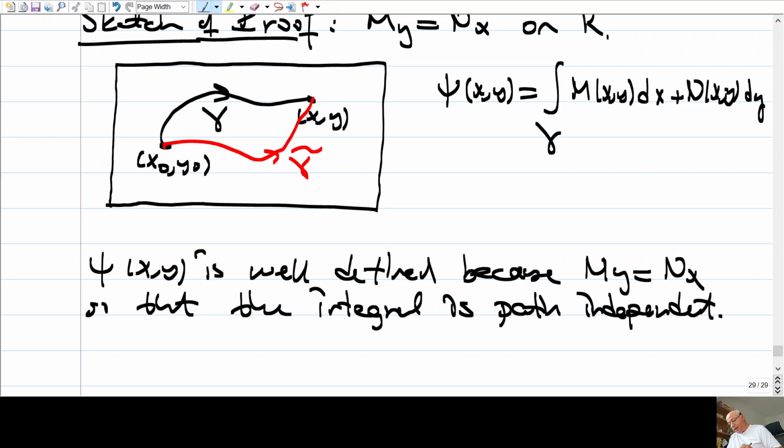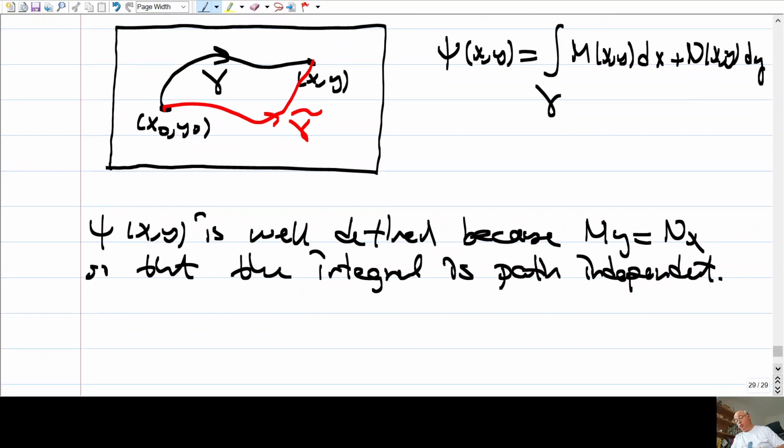Okay, I guess you have seen this in 252, Advanced Calculus. Since m sub y is equal to n sub x, this is a path independent integral, and therefore it doesn't matter which path you choose.